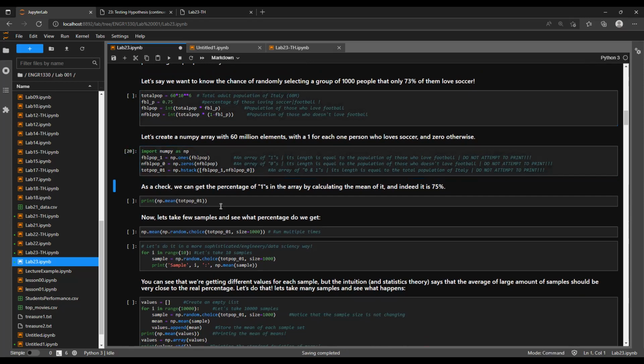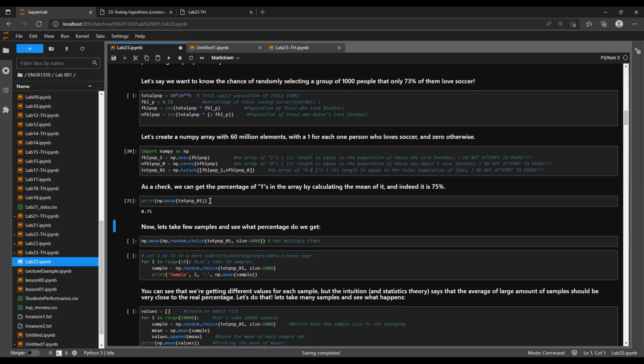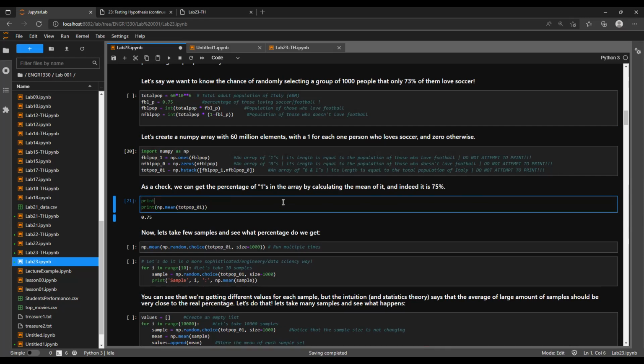Okay, I've got those. Well, let's print out the mean of what we got here to make sure that it actually exists and it's got the right amount of people. I'm not going to print the whole thing. This would be a mistake because it's 60 million lines long, but let's try this.